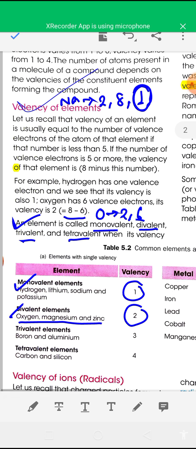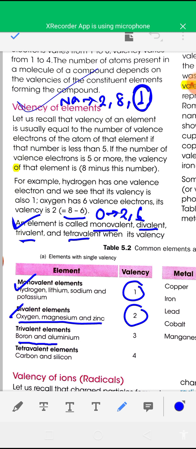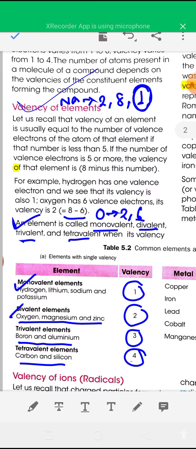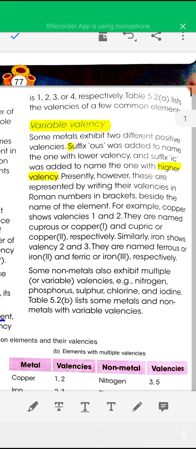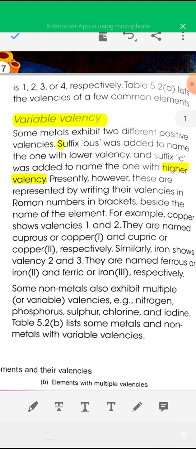Examples of trivalent elements are boron and aluminium, their valency is always 3. Tetravalent means valency 4. Carbon and silicon have valency 4, so they are tetravalent elements. Okay, so monovalent, bivalent, trivalent, tetravalent.